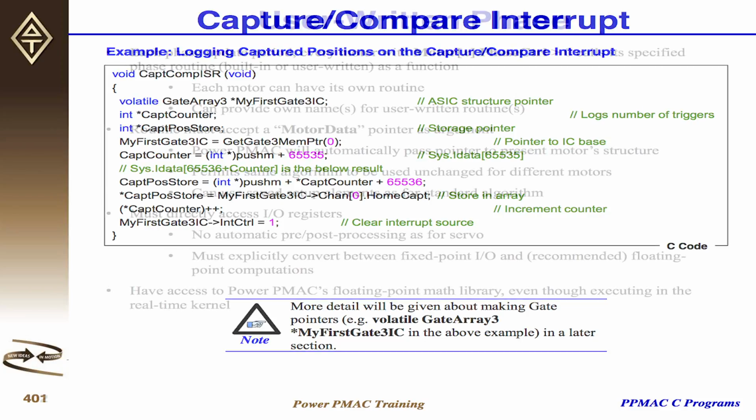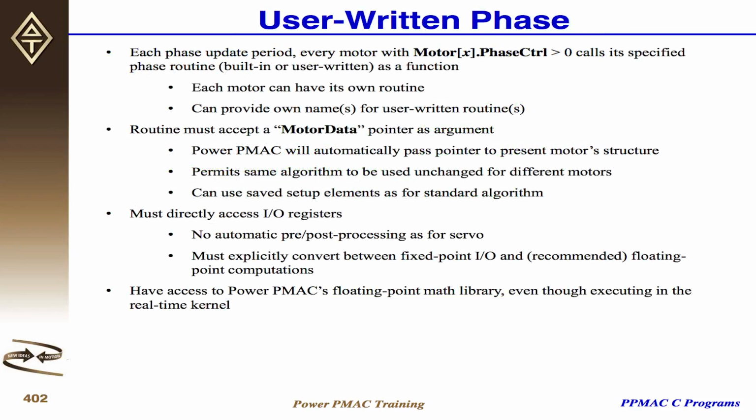All right, so user-written phase. Let me start over. Every phase update period, a motor that has motor x.phase control greater than 0 will execute its phase algorithm, whether it's its own default phase algorithm or the one you provide.